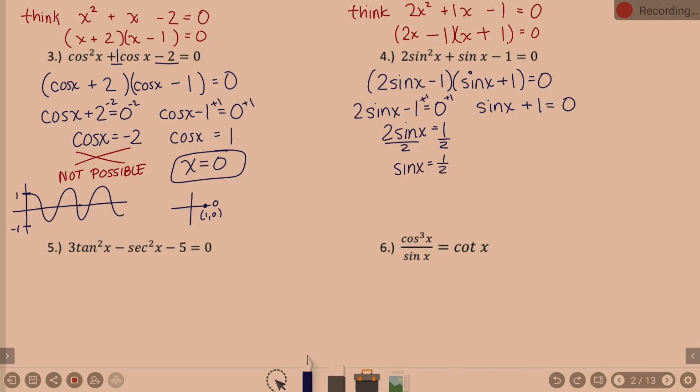The other option, if it's sine x plus 1, subtract 1, and we're looking at sine x equals negative 1. Okay. So, sine x equals 1/2.